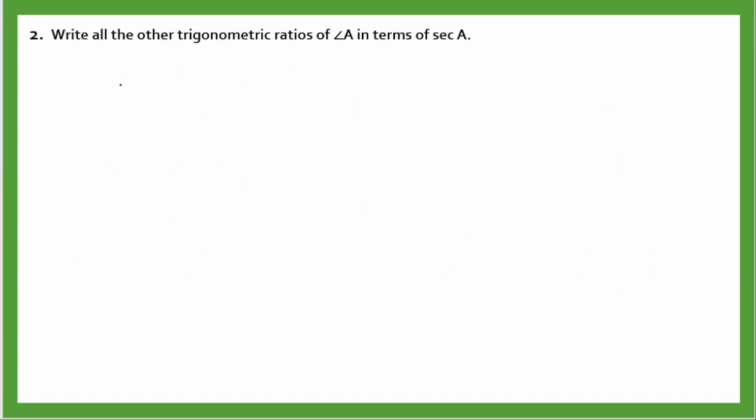Now question number 2. Write all other trigonometric ratios of angle A in terms of sec A. Here we have to write all the trigonometric ratios in terms of sec A. So how are we going to write it? First start with cos A, because we know that cos A is equal to 1 upon sec A. Now for sin A, we are going to use sin square A plus cos square A is equal to 1.